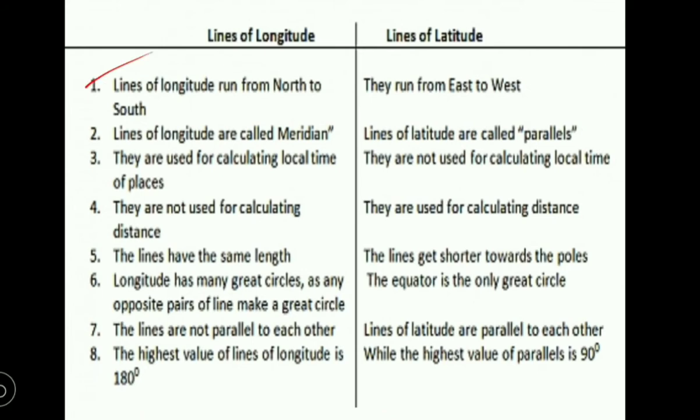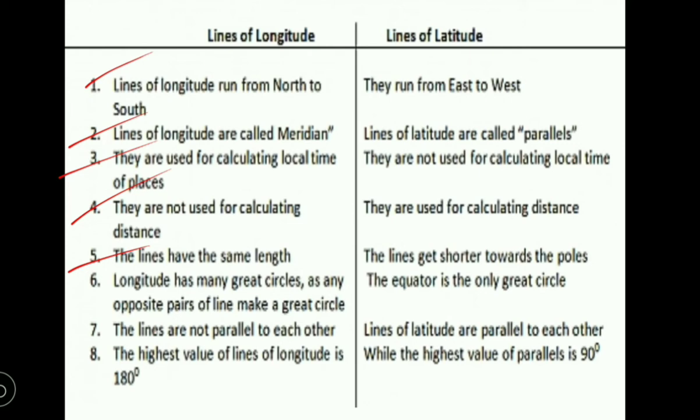First, lines of longitude run from north to south, and lines of longitude are called meridians. They are used for calculating local time of places. They are not used for calculating distance. All the lines have the same length at the equator, but towards the poles the line length is different.